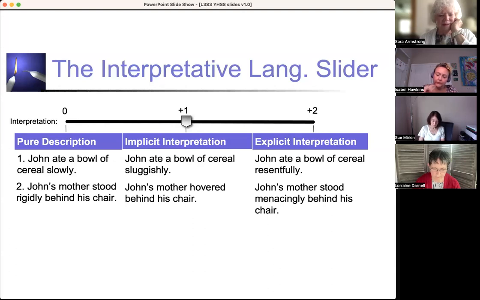It doesn't make it explicit, like stood menacingly behind the chair. Well, she's paying attention. She's somehow making her presence felt there for some reason, and we don't know exactly what it is, but we're starting to interpret this differently than if she just stood rigidly behind the chair. Good. These are the things you have to say and try in order to grasp this.